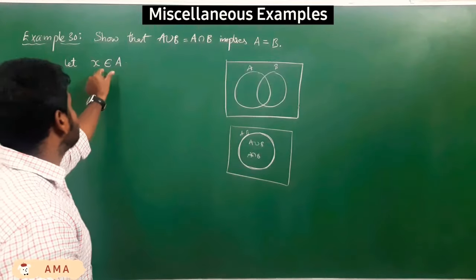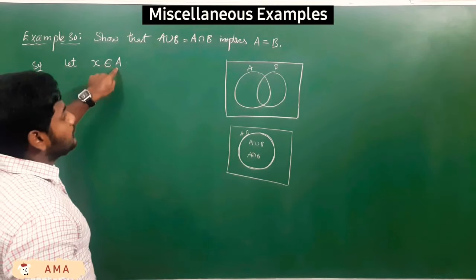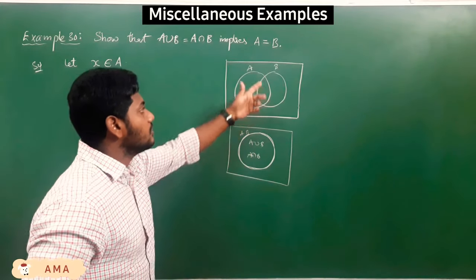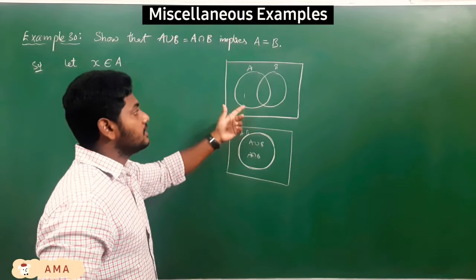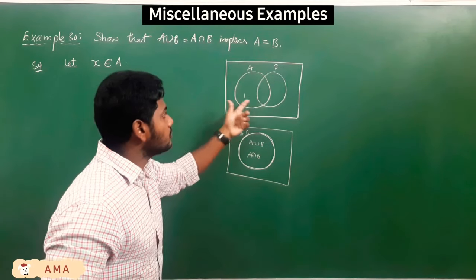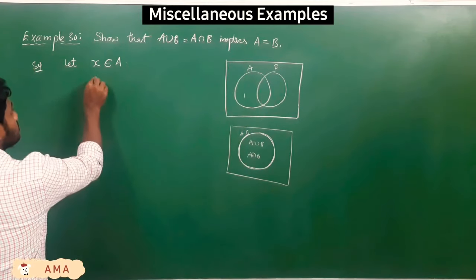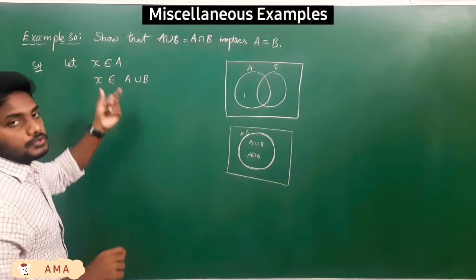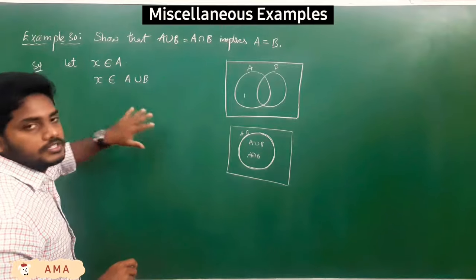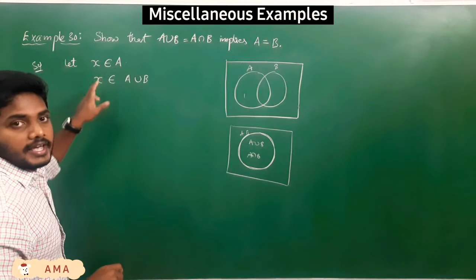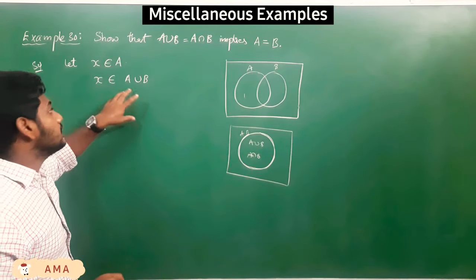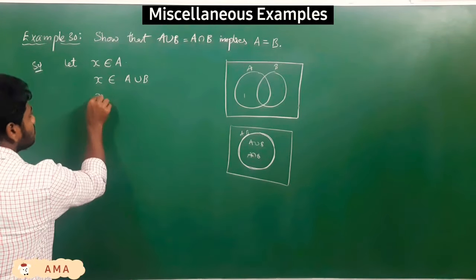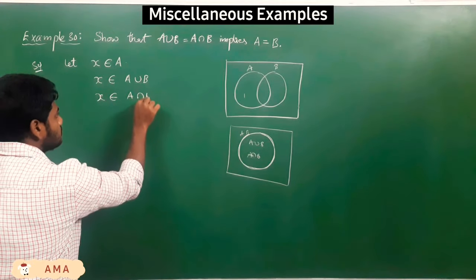I will consider let x belongs to A. If x belongs to A, for example, if I consider any element like 1, does 1 belong to A or not? 1 is present in A. If 1 is present in A, 1 is also present in A union B. That means x also belongs to A union B. If x belongs to A union B, which is equal to A intersection B, then x also belongs to A intersection B.